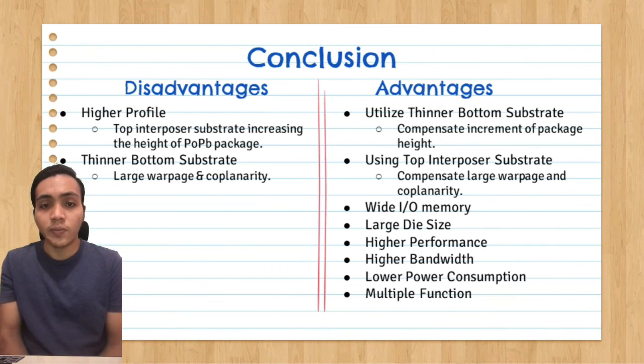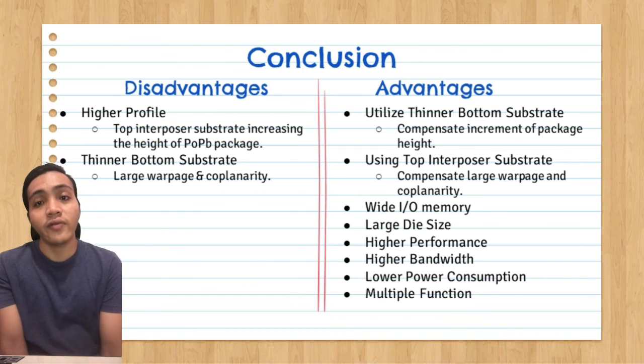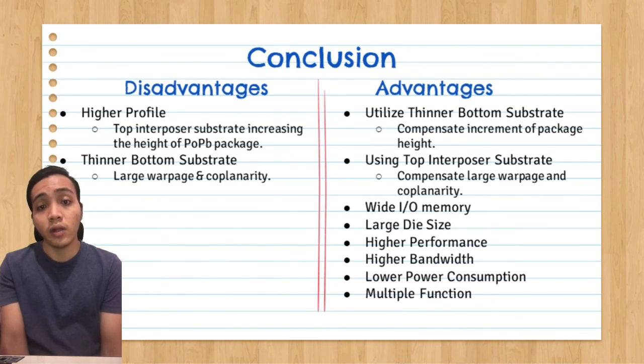Okay, this is the last part, which is the conclusion. For the conclusion, I will talk about the disadvantages first. The first disadvantage is higher profile, because the top interposer substrate increases the height of the bottom package, and the thinner bottom substrate causes lower warpage and coplanarity.